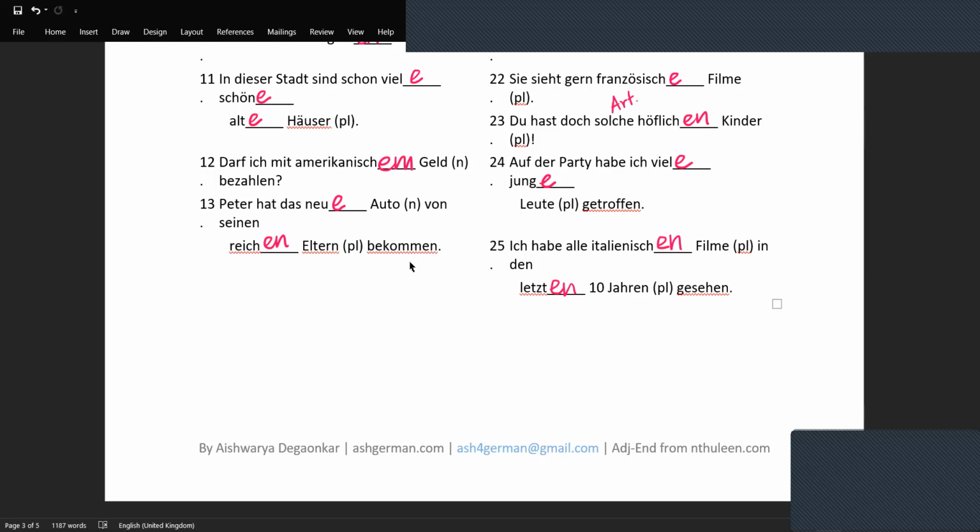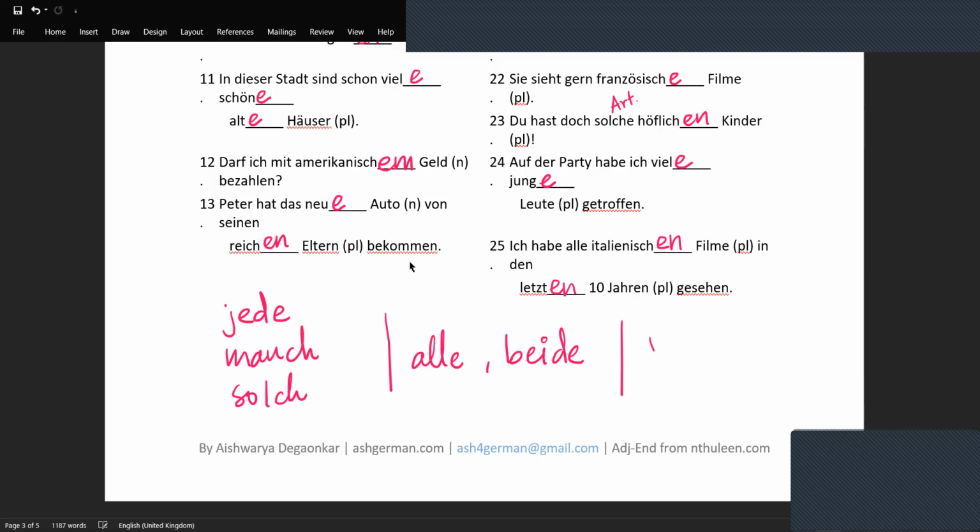Then jeder and its equivalents: jedes, jedem. Then manch: mancher, manches. Like solch, solche, solchem. And both alle as well as beide. These will be considered as articles.